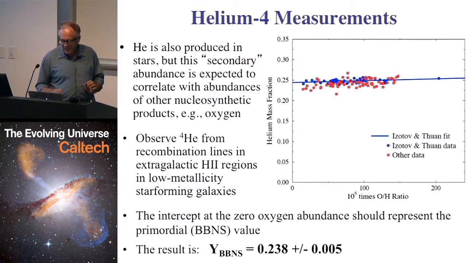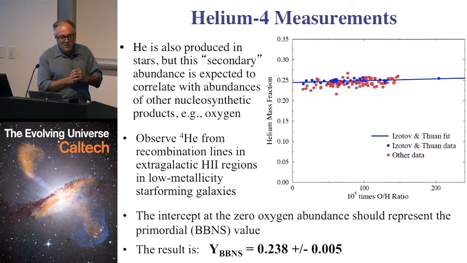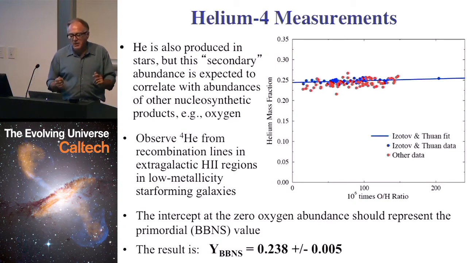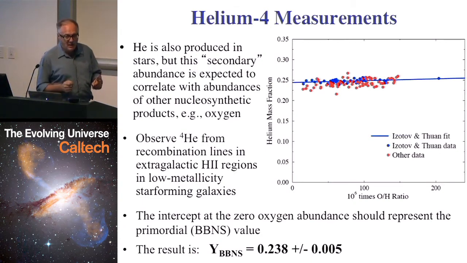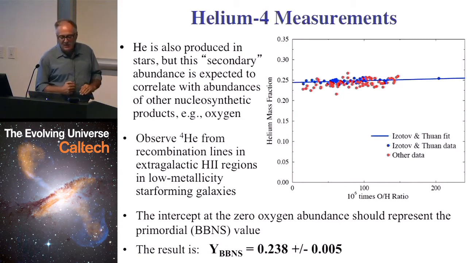Now, the way this is done, stars also make helium, so what do you do about that? So you look at star-forming galaxies and measure the abundance of helium in their spectra. You also measure the abundance of something else, like oxygen. Now, oxygen or nitrogen, doesn't matter, is made in stars in the same proportion as helium. Right? So that line that you see out there is slightly tilted.